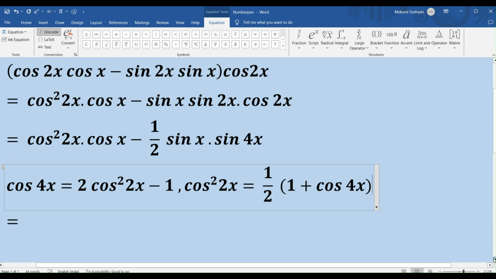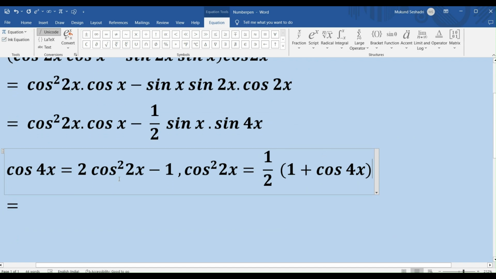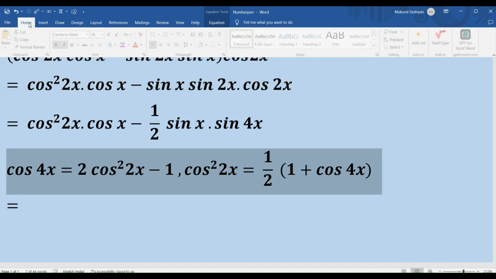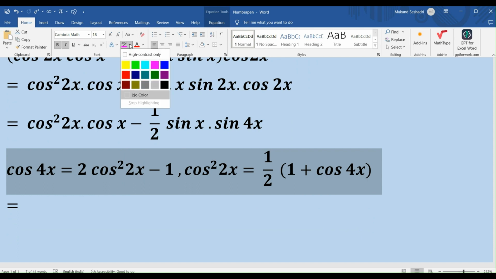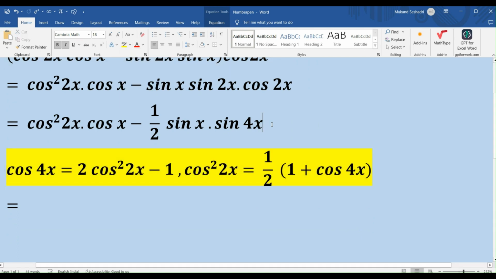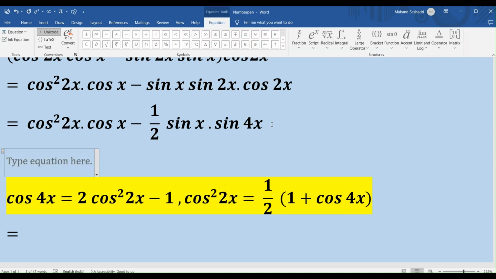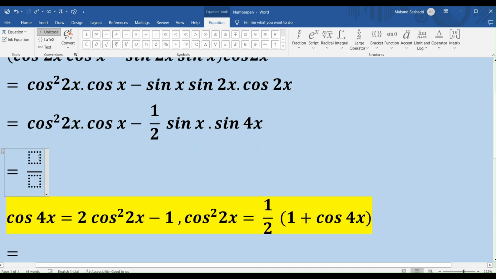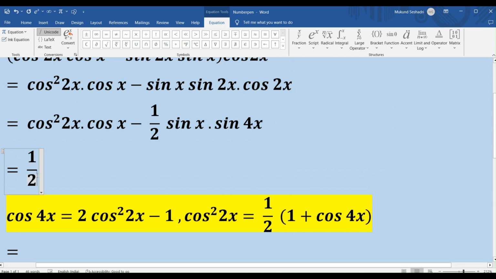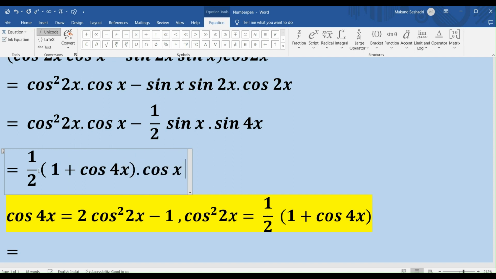I go back to my expression. So let me highlight this particular identity in, say, yellow. We're going to use this in the above expression. I come back to my expression and I know that my cos square 2x is now half of 1 plus cos 4x, right? 1 plus cos 4x times cos x, right?